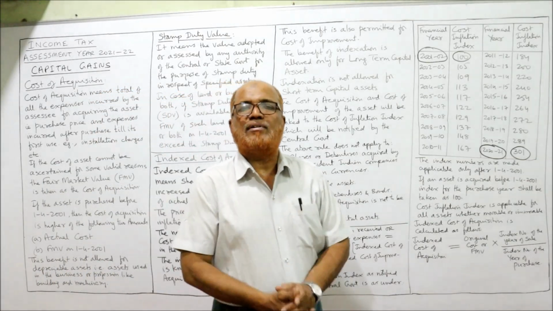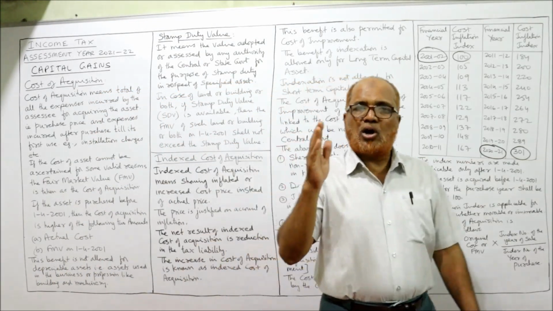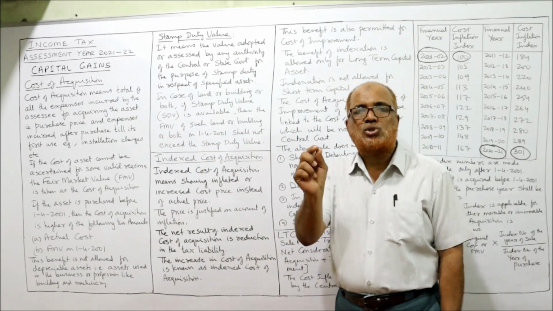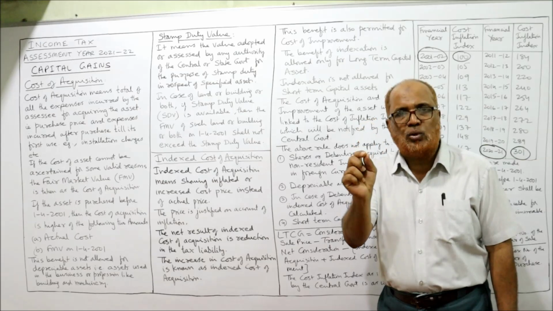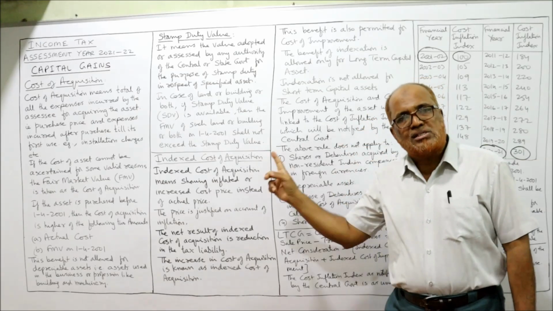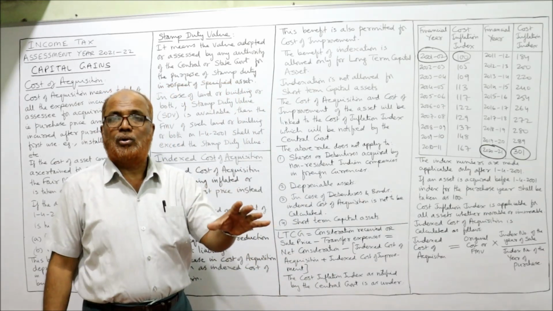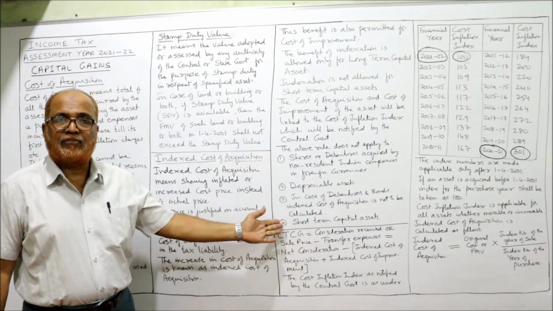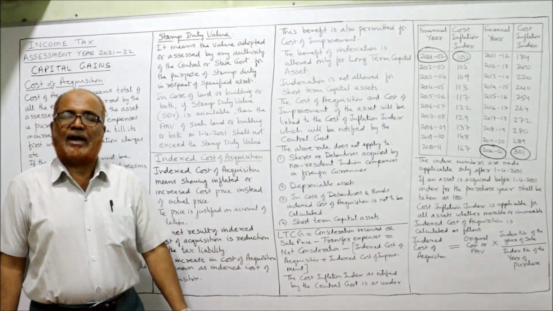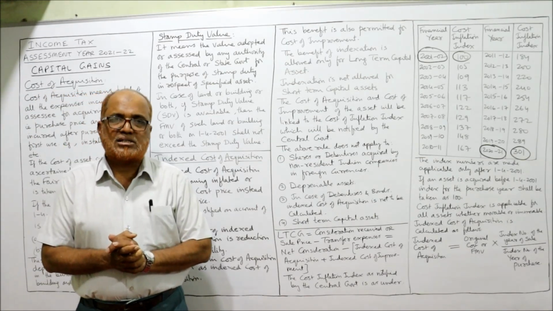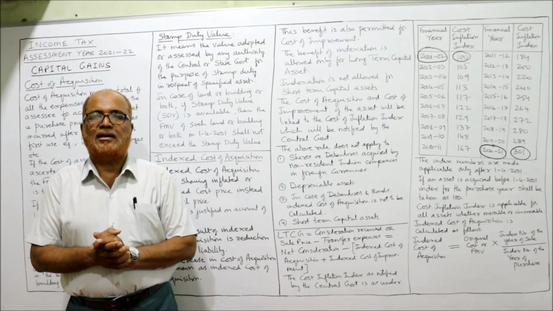In this video, I have explained the cost of acquisition and indexed cost of acquisition. This concept will be asked in theory, and this lecture is very important for problems also, because in every problem we will have to calculate indexed cost of acquisition and indexed cost of improvement. We'll continue with the next topic in capital gain in the next video.